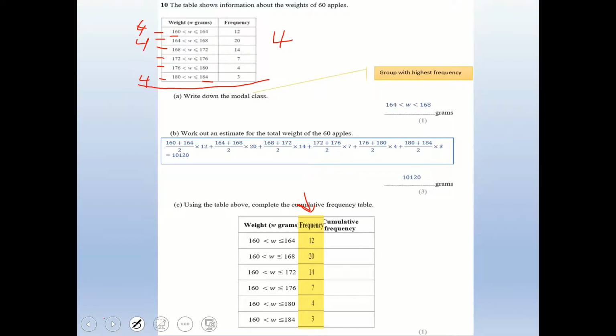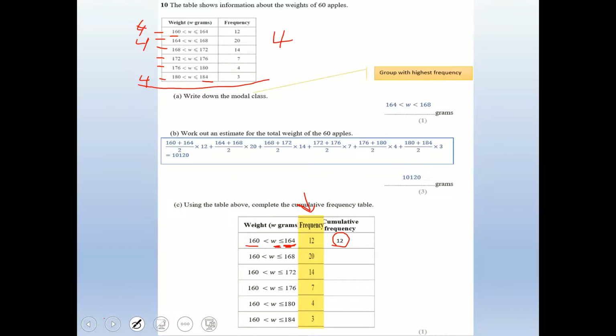While the cumulative frequency tells us how many apples are less than or equal to a particular weight, and this particular weight is always the upper bound of each of these classes or groups. So, for instance, we know that 12 apples have a weight greater than 160 grams but less than or equal to 164 grams.